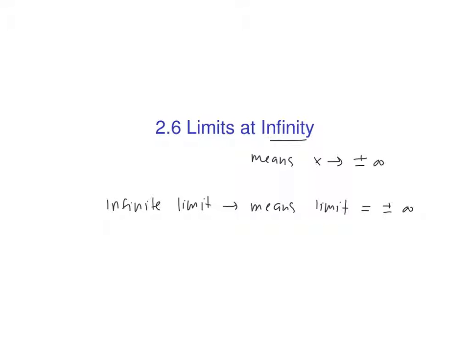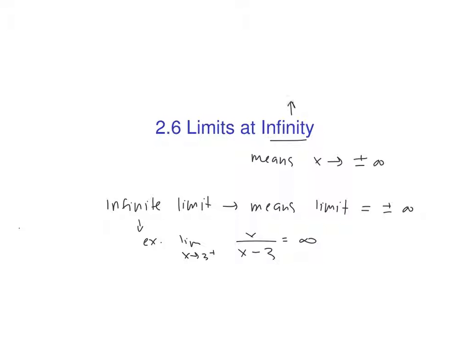Does that difference make sense? So we've seen examples of this. For example, the limit as x goes to 3 plus of x over x minus 3 would be positive infinity. That's an example of an infinite limit.